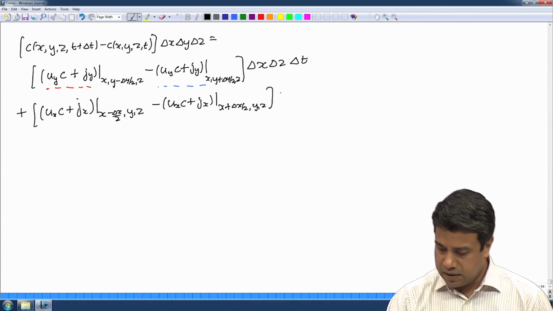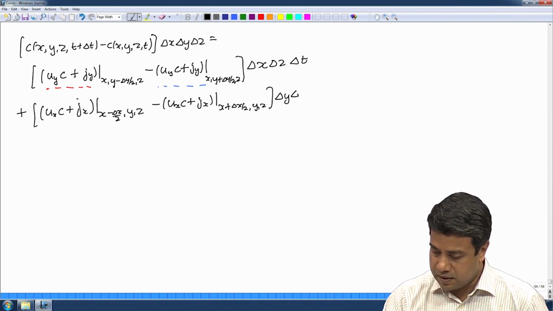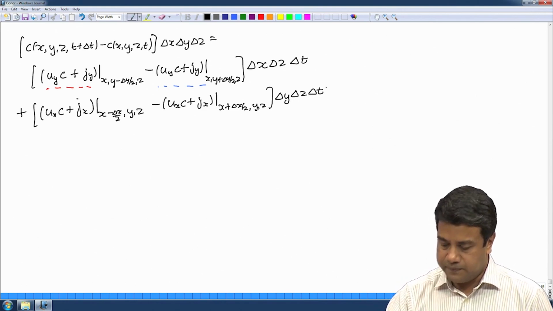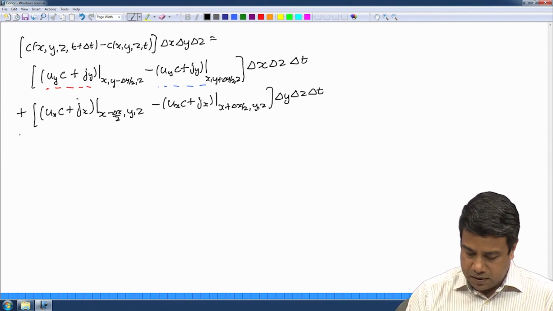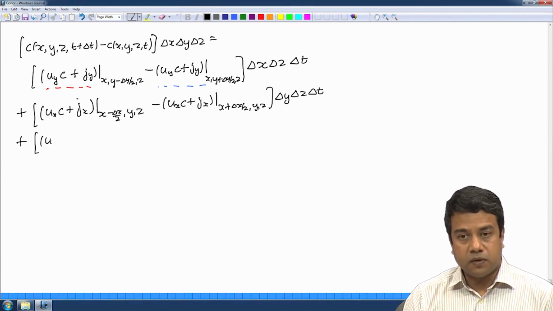And the surface area perpendicular to the x direction is delta y, delta z, delta t. And the next one will be the top and the bottom faces.